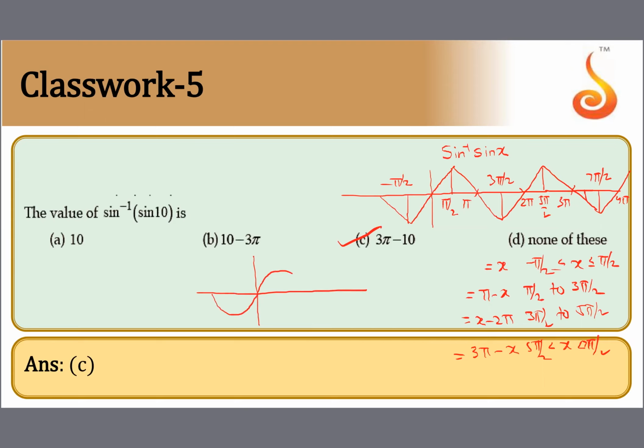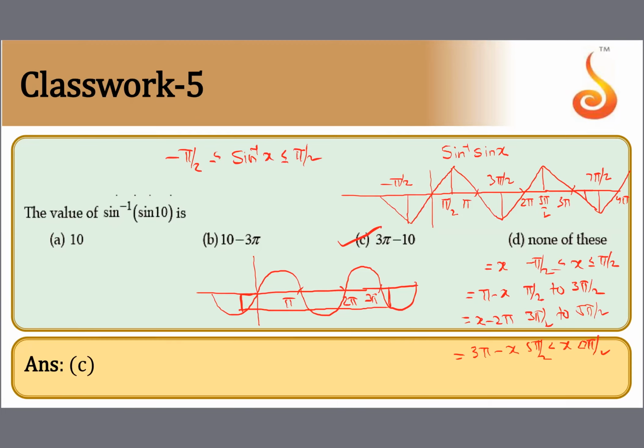This is the sin x graph. We all know this is pi, this is 2 pi, this is 3 pi, and this is 10. You draw the equivalent value. Equivalent value is negative. It must be in the principal angle. I told you sin inverse x always lies between minus pi by 2 to plus pi by 2.